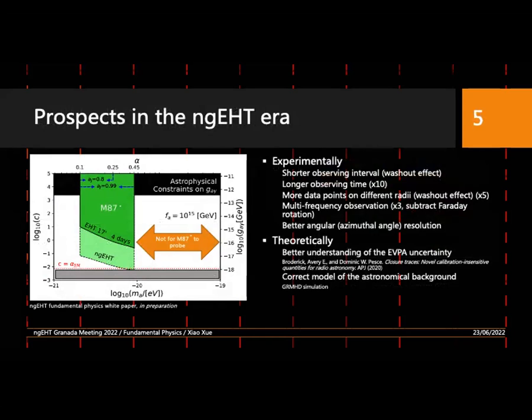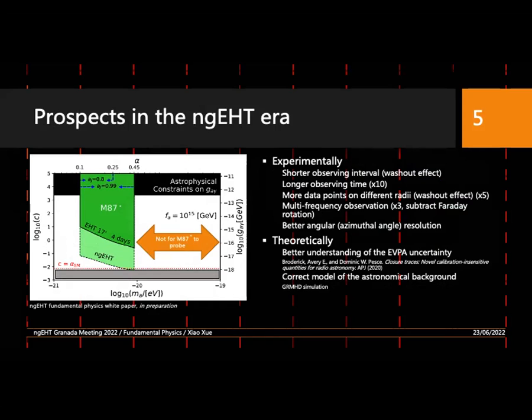The difference between these two is that we add a shorter observing interval, which means that we can get rid of the washout effect, and we can also give it a longer observation time and more data at different radii. We also put in three different frequencies. If we add all those things together, we can give a much better constraint than what we currently have.